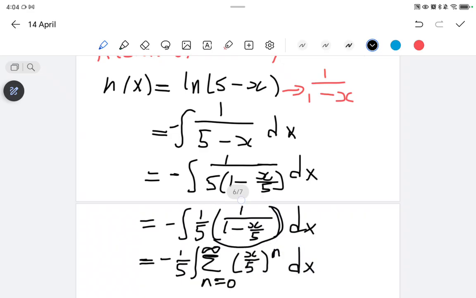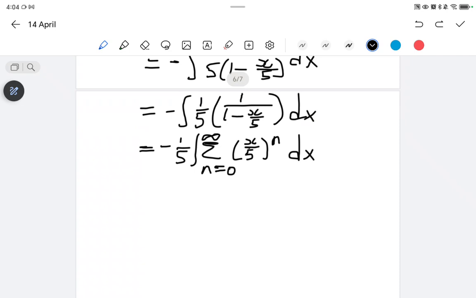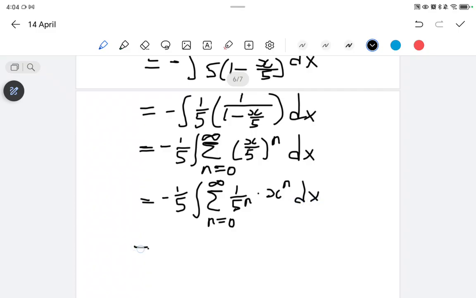You see that? When I change this representation, I get this. Then now I can separate that so I can integrate the x. Then I can take out that minus 1 over 5 and plus 1.